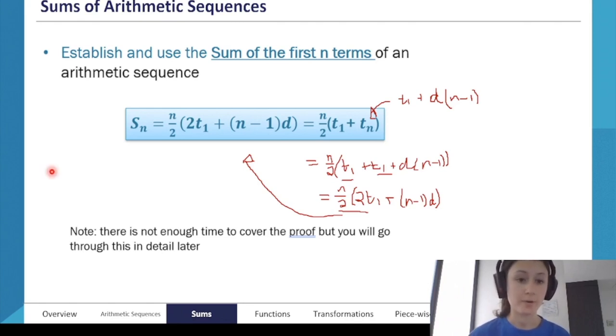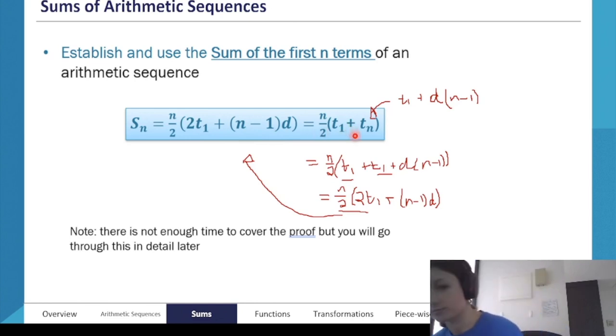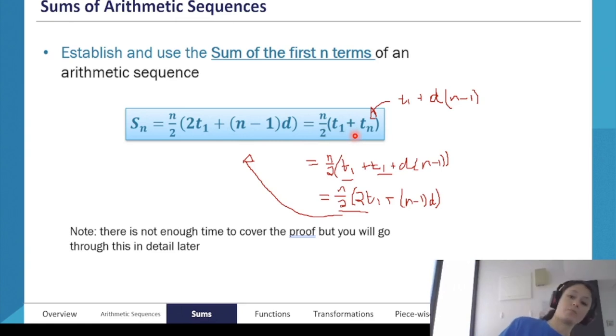So my point here is that you use this first part if you don't know what Tn is, and you use the second part if you know what Tn is, but it ultimately doesn't really matter that much which one you use, so long as you understand.